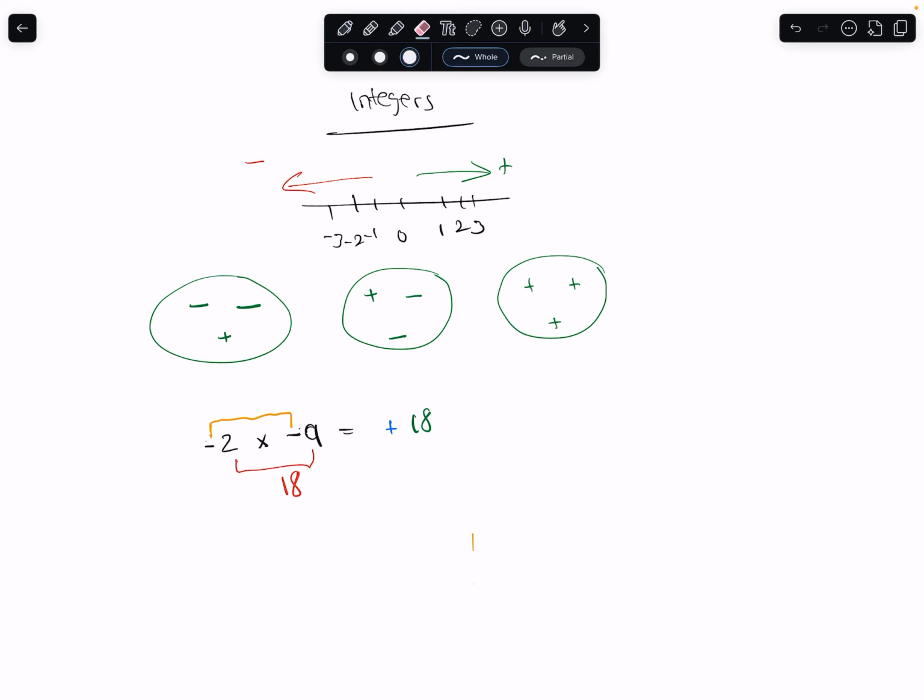Let's do another example, this time with division. Division, same instance.